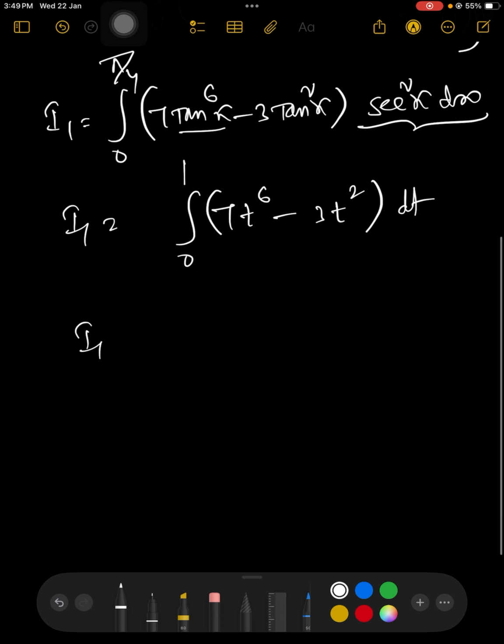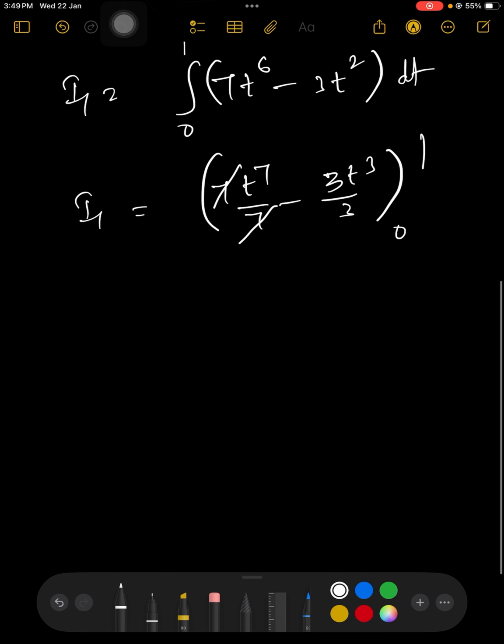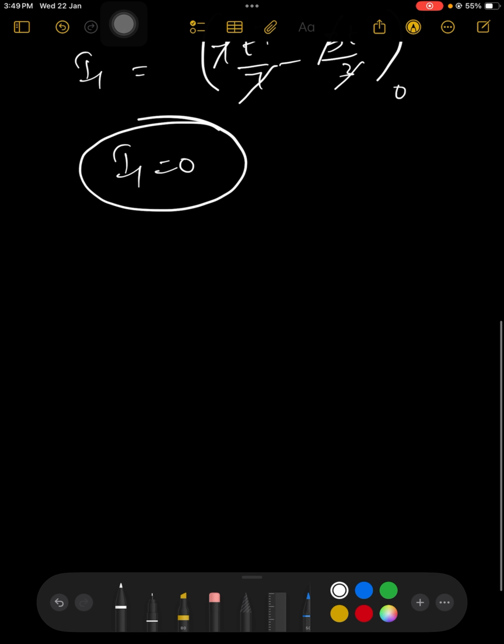Now I1 equals 7 t power 7 by 7 minus 3 t power 3 by 3, and the boundaries are 0 to 1. In the case of the lower boundary it will become 0, and in the case of the upper boundary also 1 minus 1 it will become 0, so I1 will become 0.